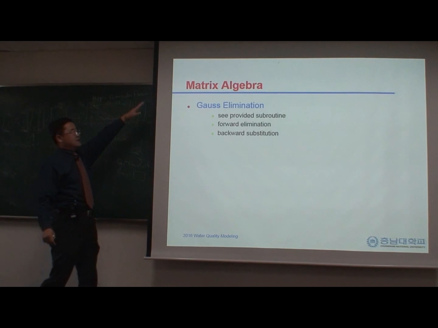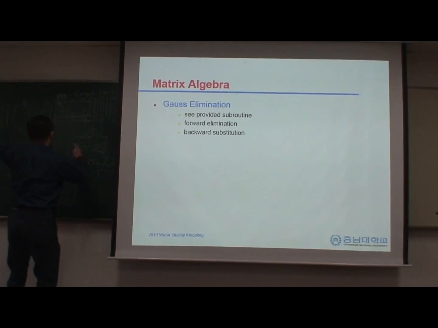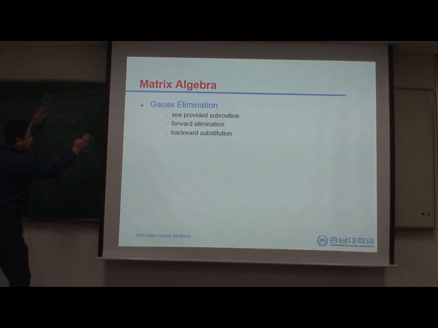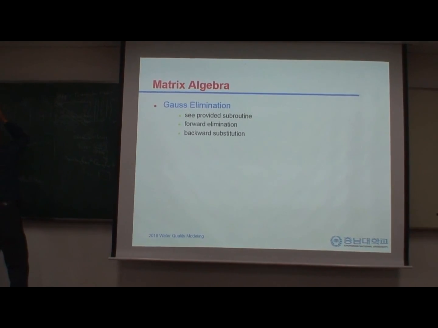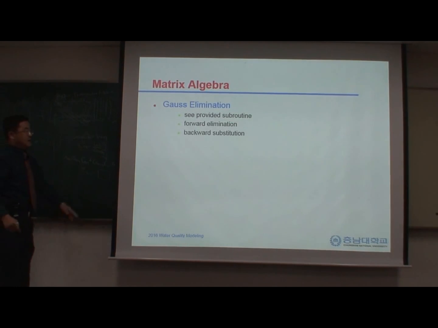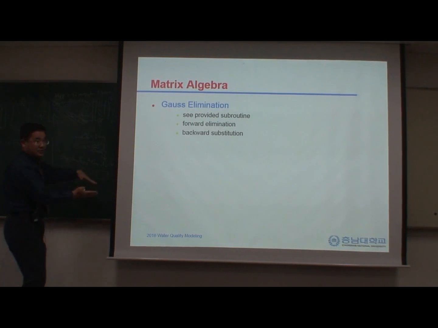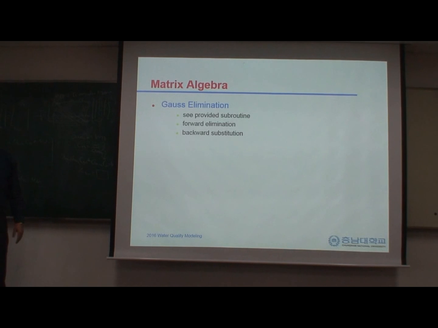So what is Gaussian elimination? I have forward elimination, which is making my augmented matrix upper triangular, and then backward substitution, one by one. That's all it is.